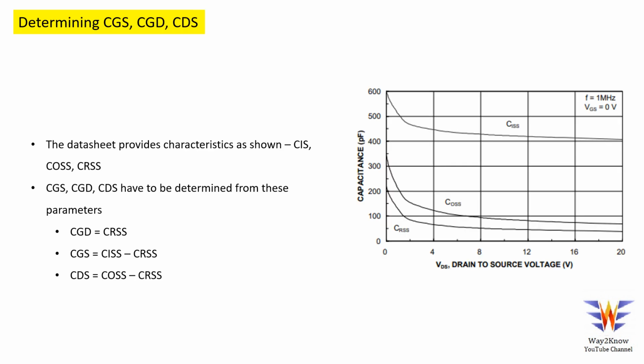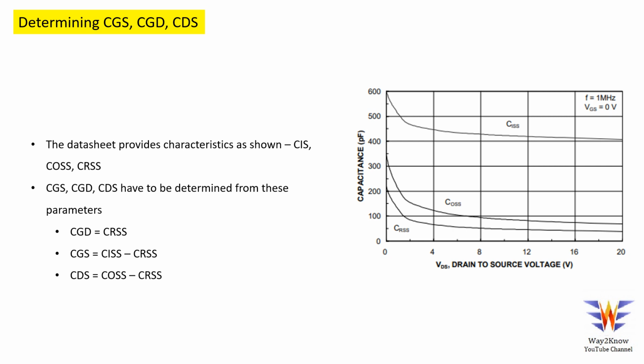Moving further, as we said, the switching frequency of this MOSFET depends on gate to source, gate to drain, and drain to source capacitance. The data sheet should help us understand the values of these capacitances, but these values are not given straight away.